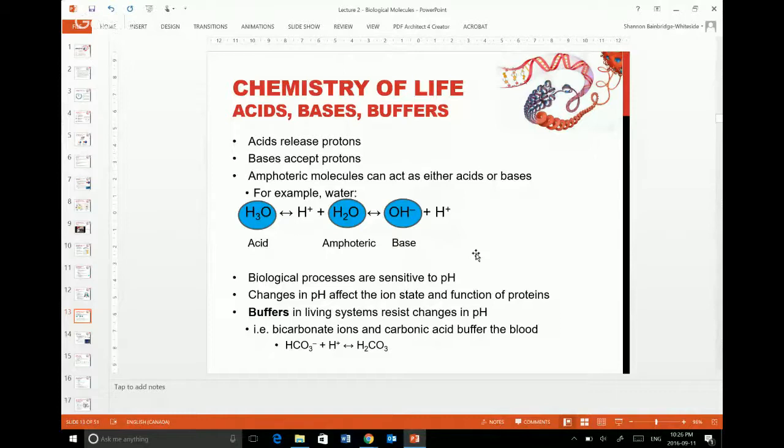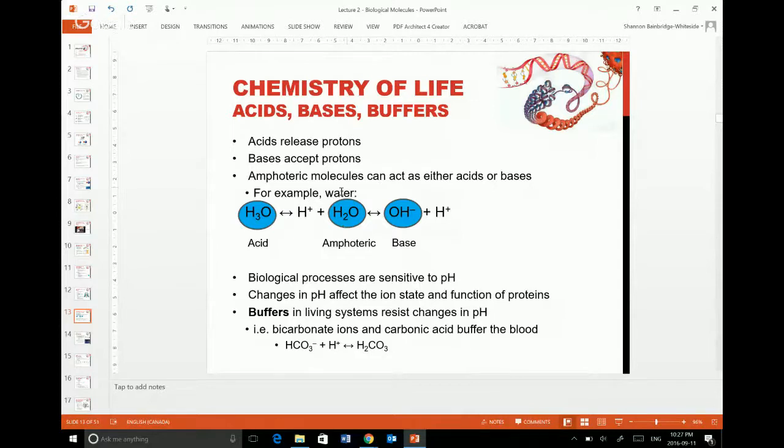Acids are compounds that are capable of releasing a proton in the form of a hydrogen without an electron. Bases are capable of accepting those protons, and amphoteric molecules have the ability to act as either a base by accepting a proton or as an acid and donating a proton.